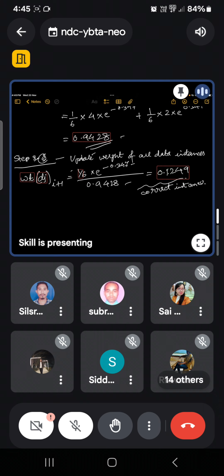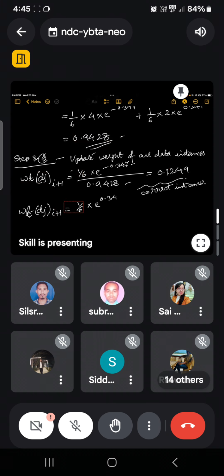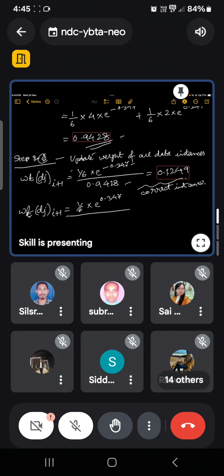Similarly, for the incorrect instance, we will calculate it like this only, just directly putting the values.